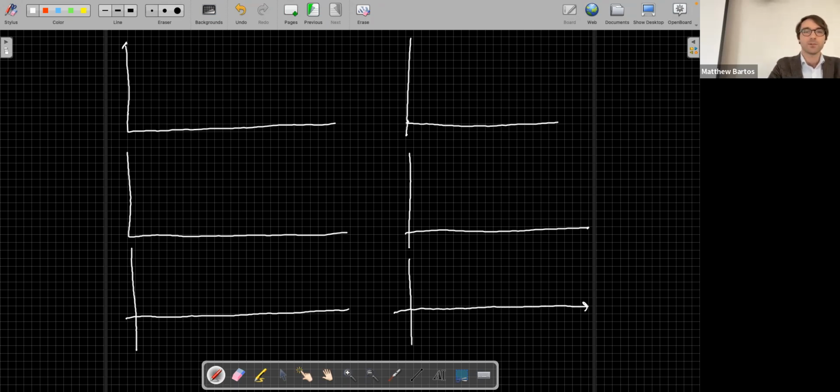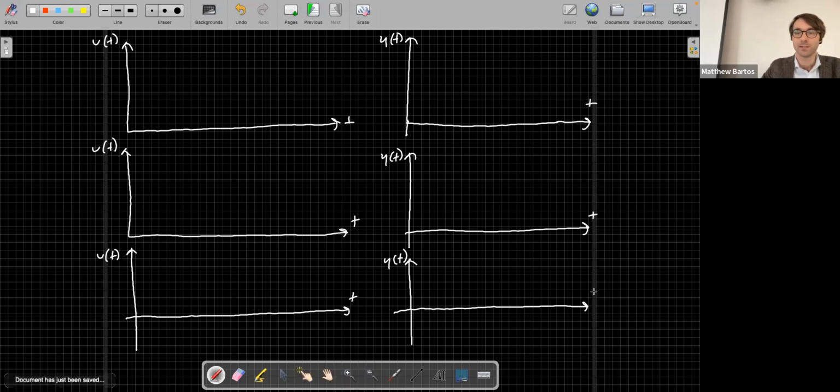For each of these, on the left, we're going to have our input, so this will be u of t, u of t, u of t. On the right, we will have our output, so this will be y of t, y of t, y of t, and these are all functions of time, t.